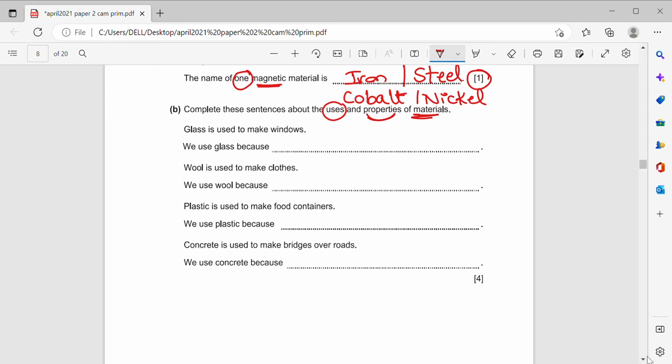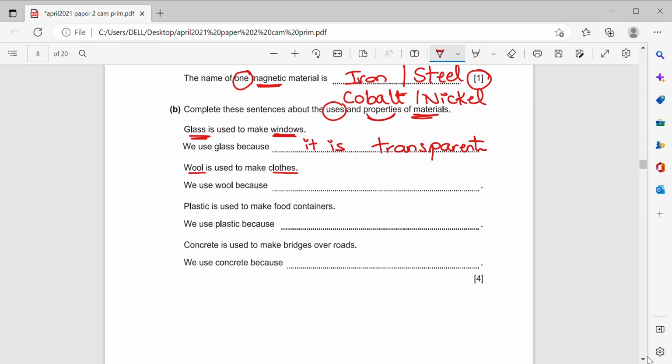First question. Glass is used to make windows. We use glass because, why do I use glass for windows? Great, because it is transparent. I want the windows transparent. Wool is used to make clothes.